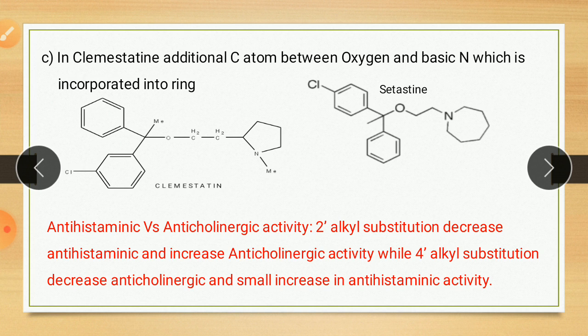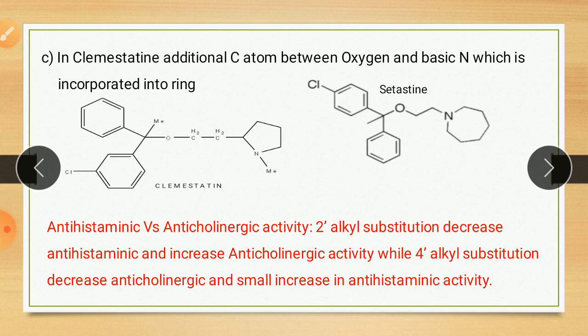So it is observed that in a tissue-based assay for antihistamine versus anticholinergic activity, with increasing alkyl group size, methyl, ethyl, isopropyl, butyl at carbon 2', there is a large decrease in antihistaminic activity and increase in anticholinergic activity.